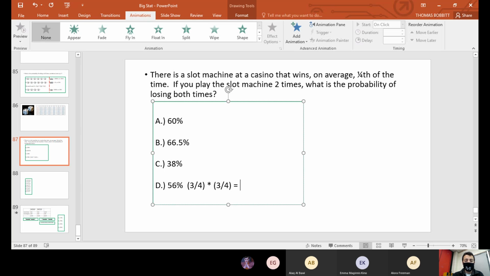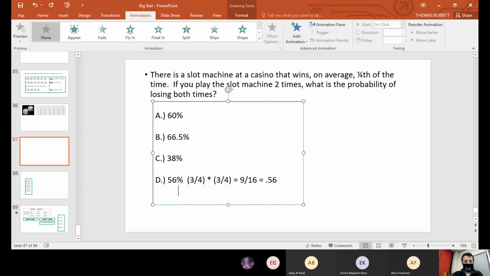So if you multiply those together, you'll get 9/16, which is equal to 0.56, or 56%. The other thing you could do is instead of doing the fractions, you could do the proportion, 0.75 times 0.75, and that also will be equal to 0.56.